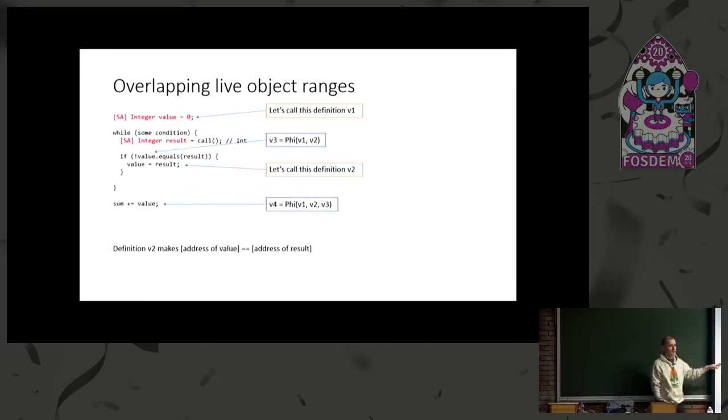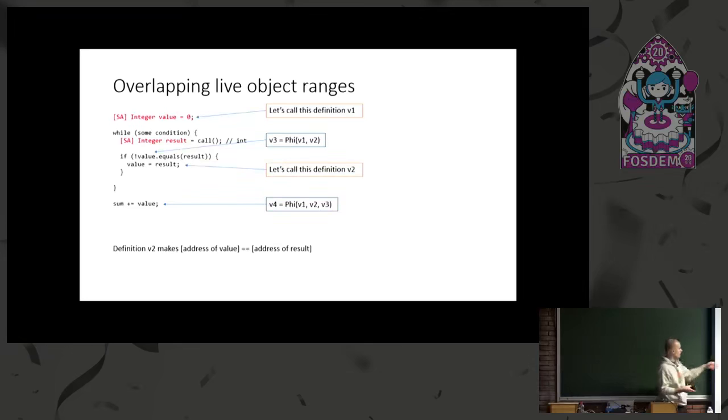It's an interesting case where, if these two objects as we have them here are stack allocated, as soon as we get into the definition, which is definition V2, where value equals result, what ends up happening is that these two addresses, which are actually addresses on the stack, become the same.